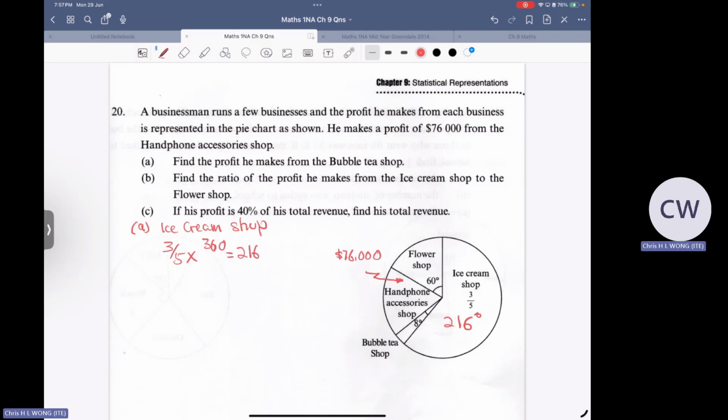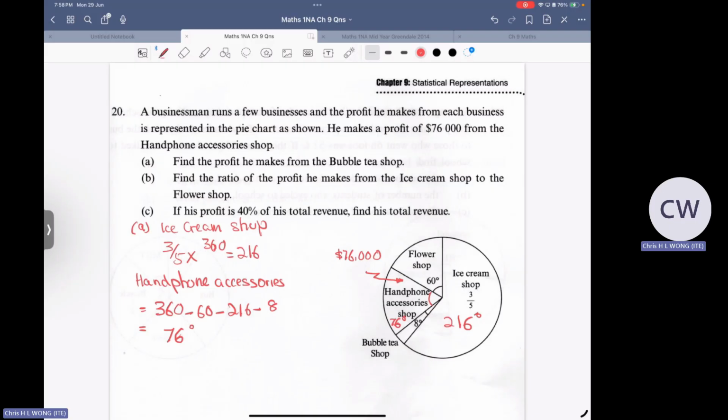So handphone accessory shop equals 360 degrees minus 60 minus 216 minus 8, which should give me 76 degrees. So I put down 76 degrees here.